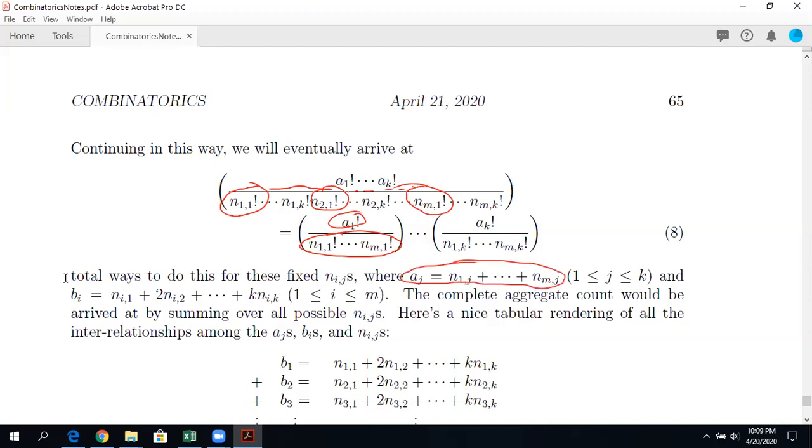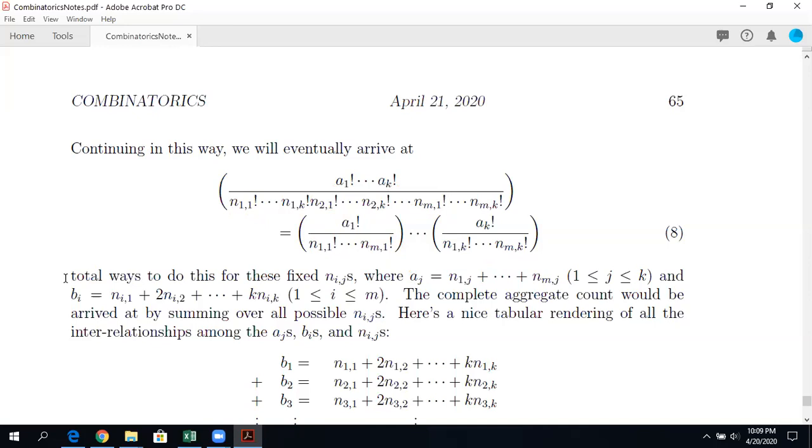So AJ, N1J plus N2J plus et cetera plus NMJ, all of those have to account for all the J cycles. Okay, the second index is talking about which cycle you're talking about. The first number is which color you're talking about. All right. So that's J going from 1 to K. And then what about the B's?